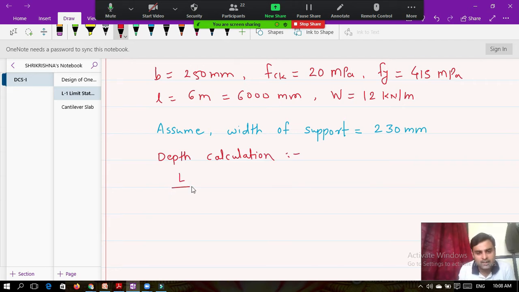For the beam we normally take 10. The L by D ratio for the beam varies from 10 to 15. You can assume a value between 10 to 15. Sometimes we assume L by D ratio 10, sometimes 15. It doesn't make much difference. But if you assume L by D ratio 10, then you will get higher depth, which will be safe from the exam point of view.